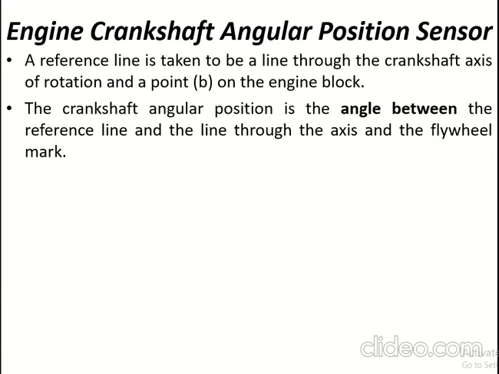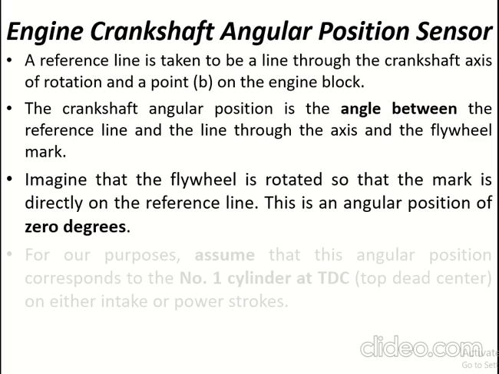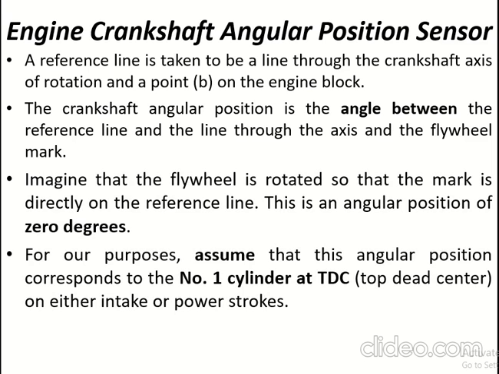The crankshaft angular position is the angle between the reference line and the line through the axis and the flywheel mark. Imagine that the flywheel is rotated so that the mark is directly on the reference line. This is an angular position of 0 degrees. For our purpose, we assume that this angular position corresponds to the number 1 cylinder at TDC.